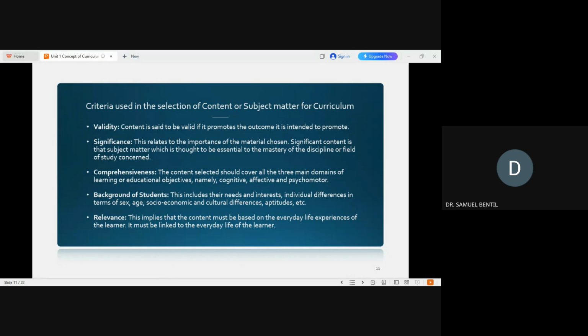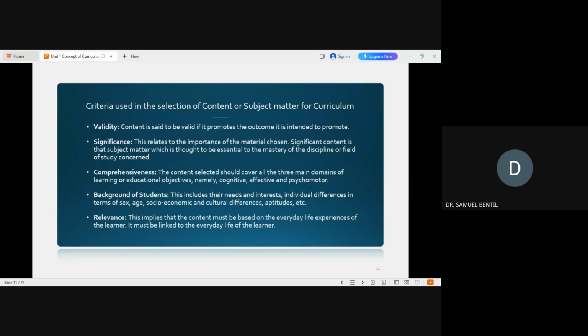But if at the end of the day you are only able to teach maybe human geography and not other aspects of geography, or you are unable to teach it well, then probably the content selection was biased towards human more than the physical and map work. Or some of the courses you did were not so valid in relation to what is currently prevailing in the senior high school.